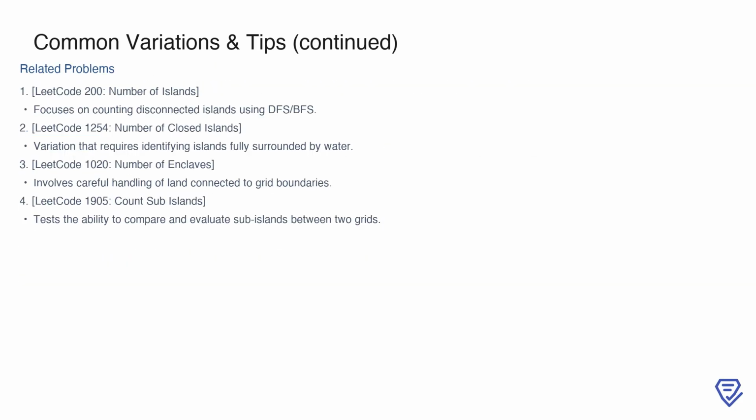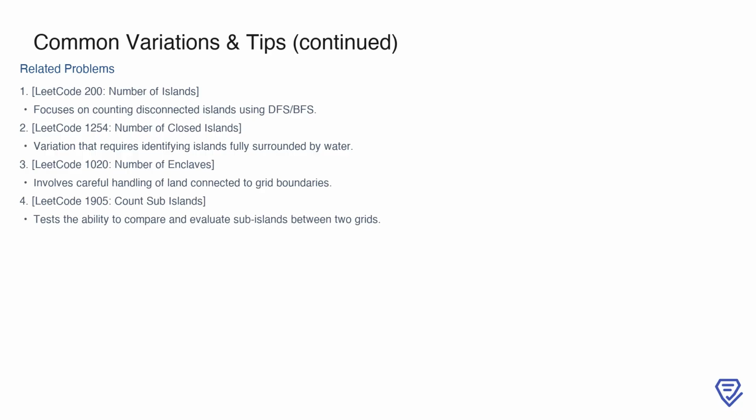There are also several related problems that can help deepen your understanding of grid-based challenges. For example, in LeetCode 200, number of islands, the focus is on counting disconnected islands using DFS or BFS. LeetCode 1254 introduces a variation where you identify islands that are fully surrounded by water, called closed islands.